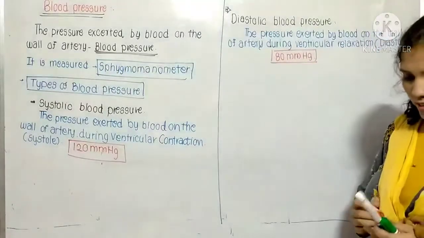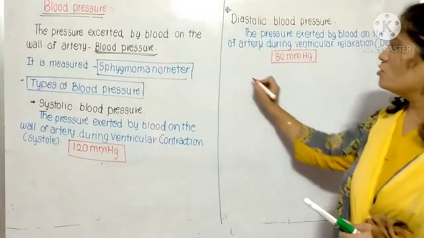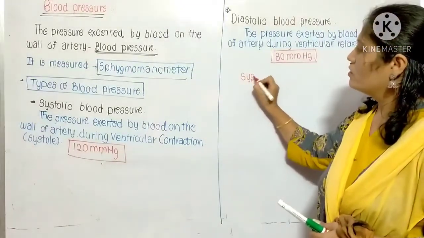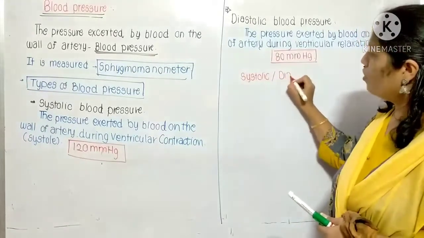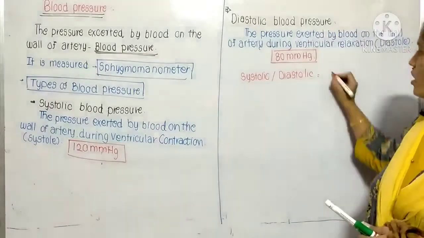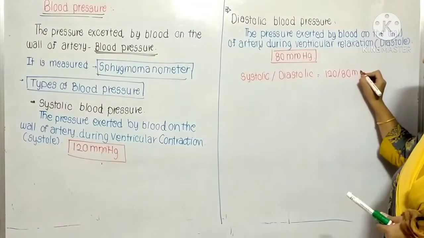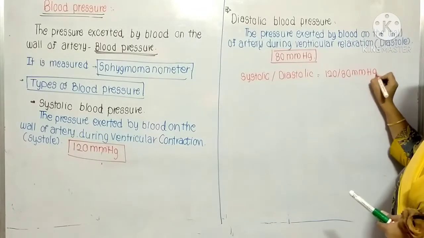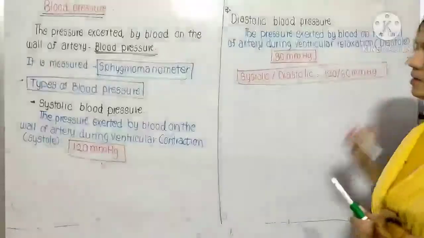Doctors measure this blood pressure as systolic and diastolic, and they tell us generally 120 over 80 mmHg. Like this there is a measurement of blood pressure.